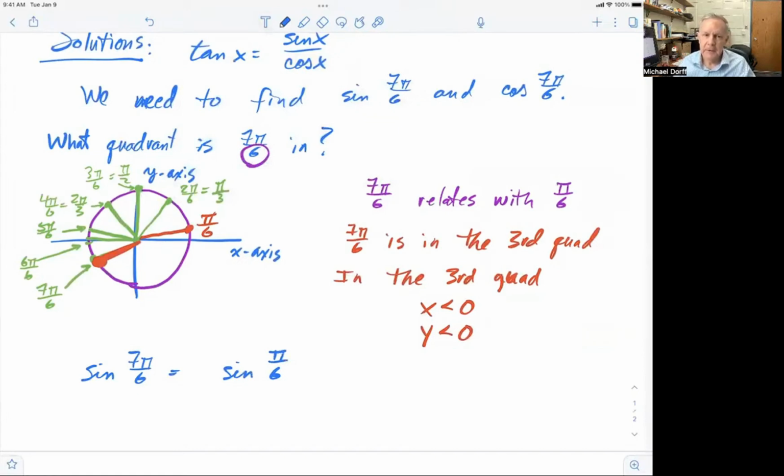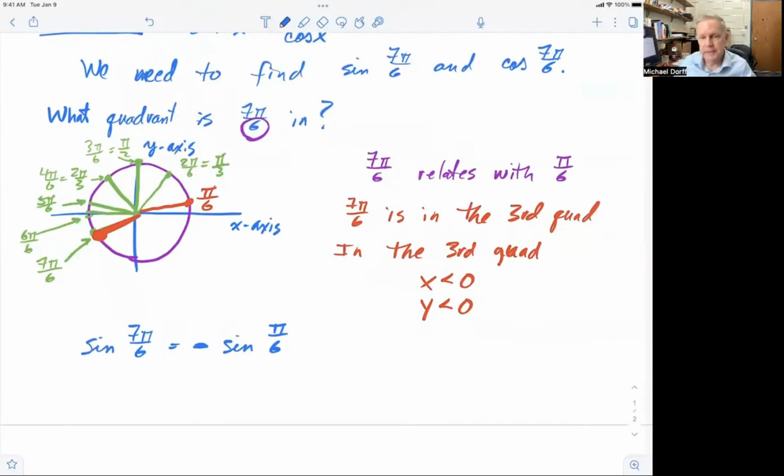The sine of 7 pi over 6 has its y value below the x-axis. Also, sine of pi over 6 is positive, but sine of 7 pi over 6 is negative. So to make them equal to each other, I have to have a negative sign here. But they'll have the same numerical number if I were to ignore the plus or minus signs. So the sine of 7 pi over 6 is equal to the negative of sine of pi over 6.